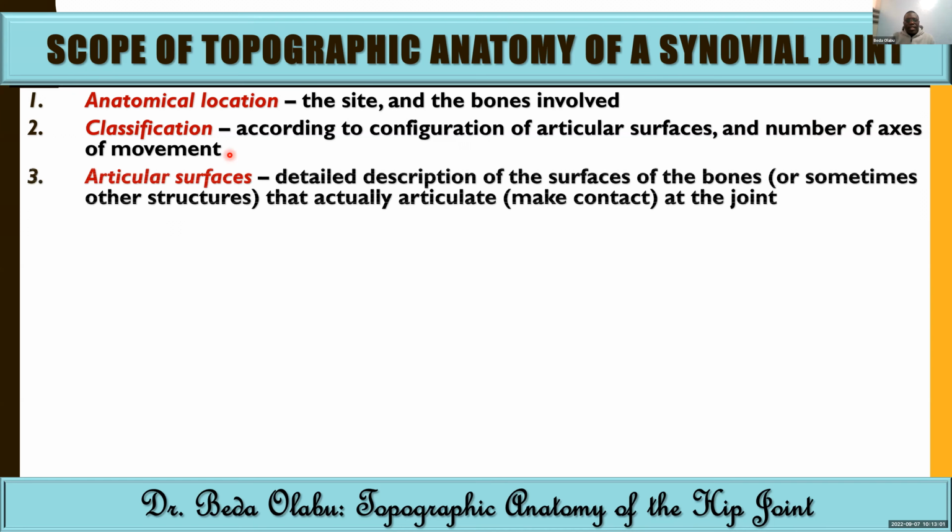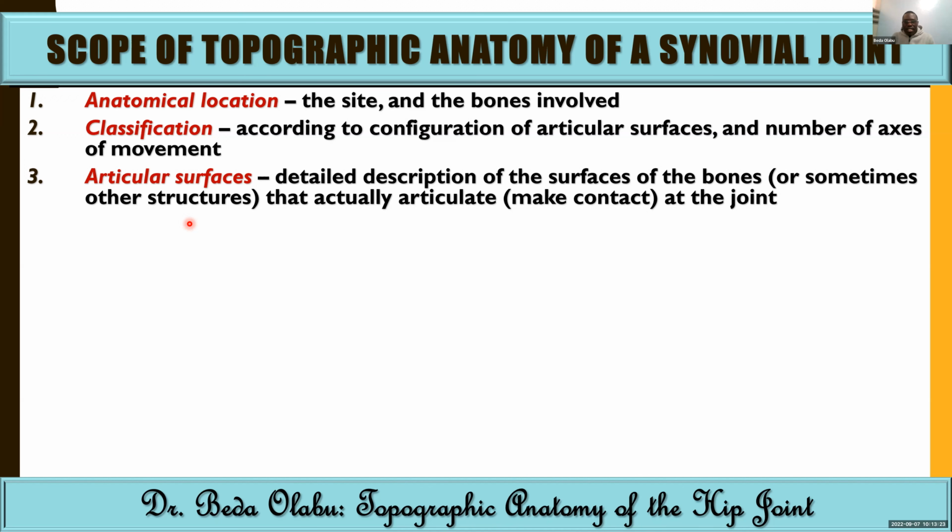After that, we need to know something about the articular surfaces, the structures which articulate. And here we give a detailed description of the surfaces that make contact in that particular joint, so the bone surfaces in particular.